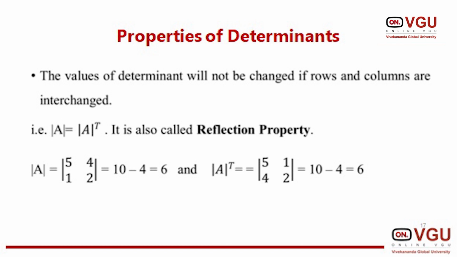We are changing the ith row to jth and jth to ith, vice versa. So when we change the rows and columns of a determinant, the value of the determinant will remain the same, it will not be changed.